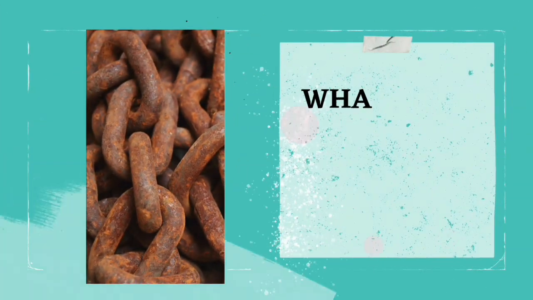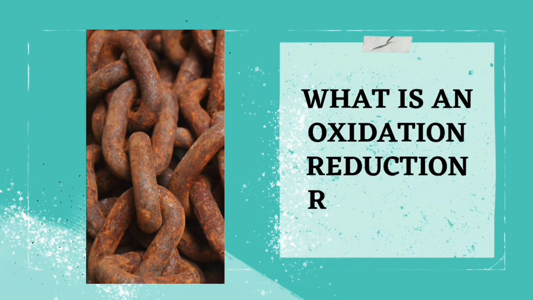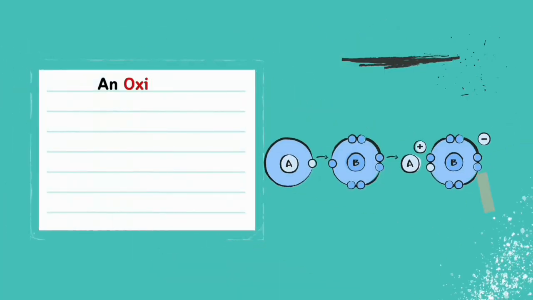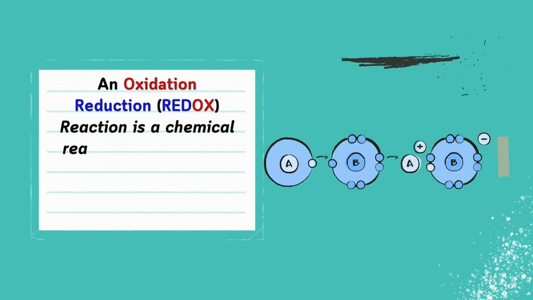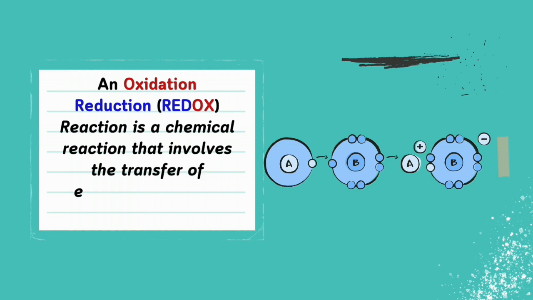Now, what is an oxidation reduction reaction? An oxidation reduction reaction, that is the redox reaction, is a chemical reaction that involves the transfer of electrons. Consider the reaction in the diagram.